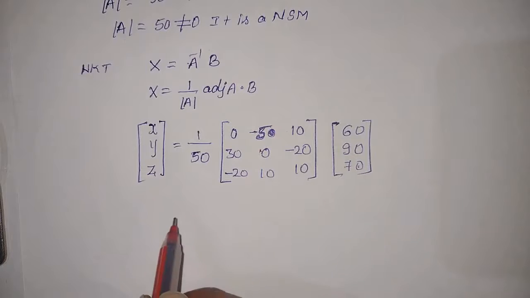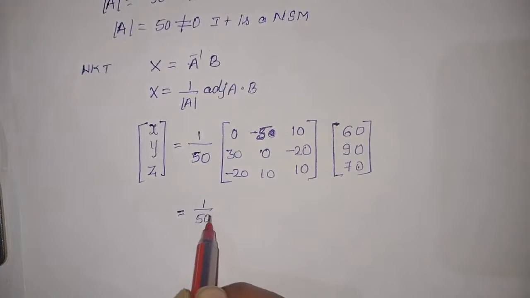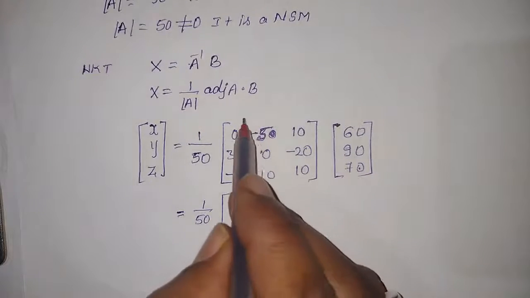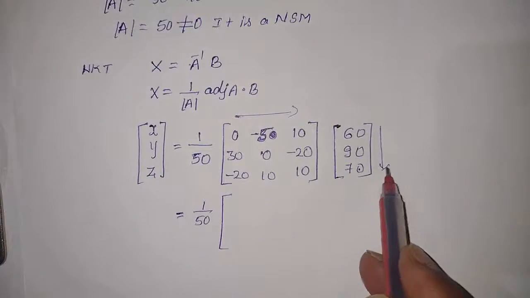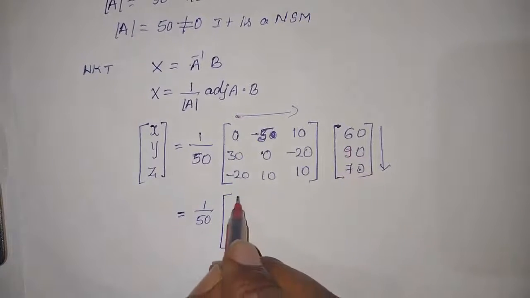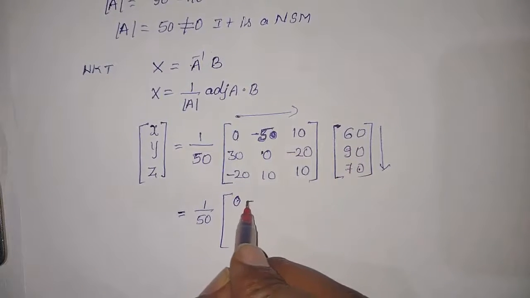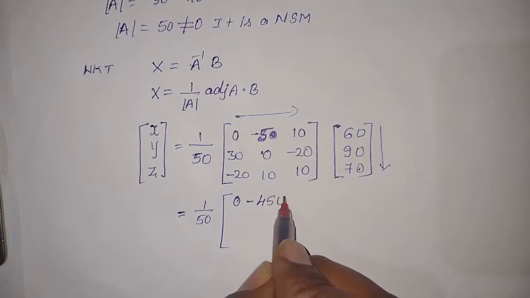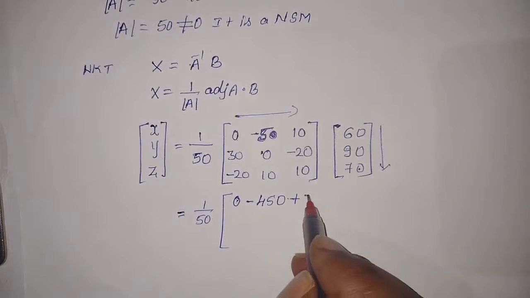We will get a 3 cross 1 matrix equal to 1 by 50 into, how to multiply these two matrices: the first row is multiplied with the first column, that is the first element. See, 0 into 60 is 0, minus 5 into 90 is minus 450, plus 10 into 70 means 700.